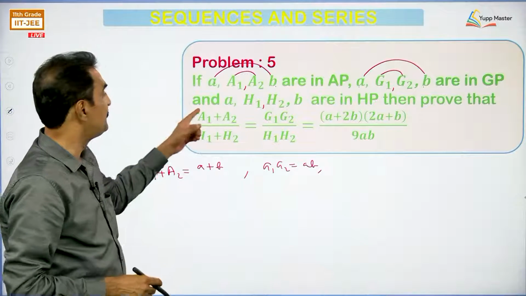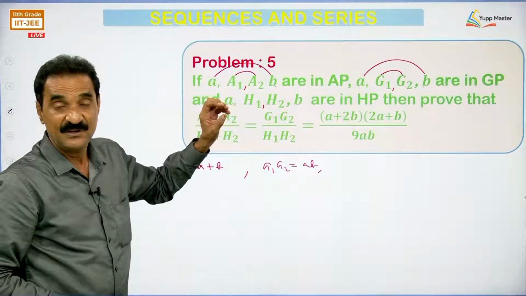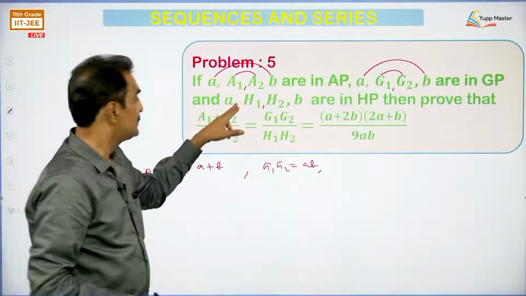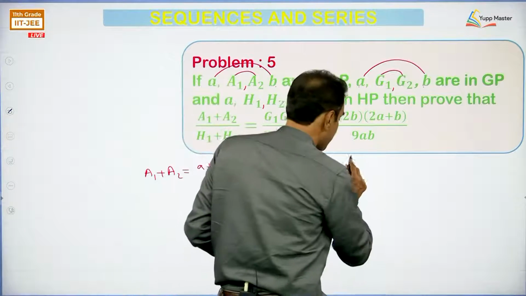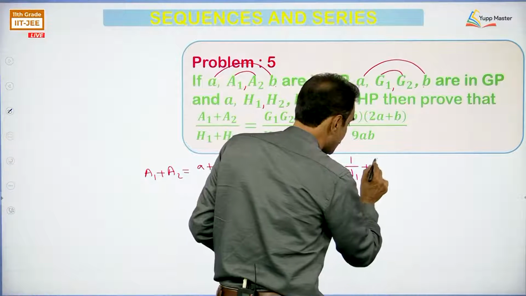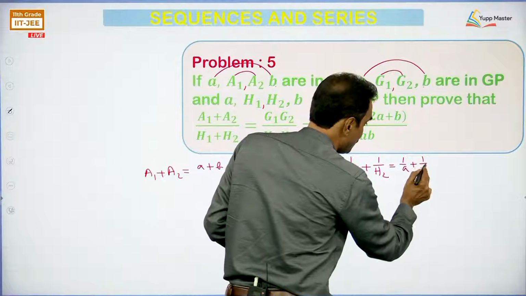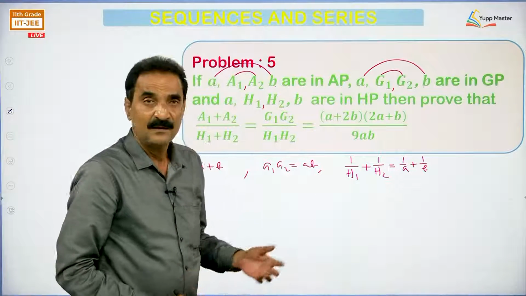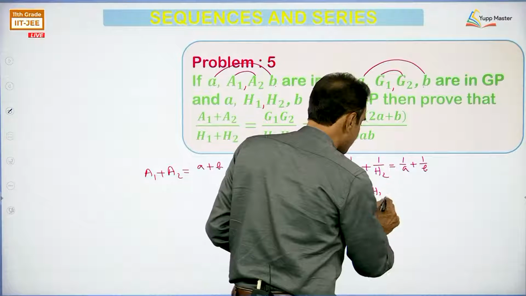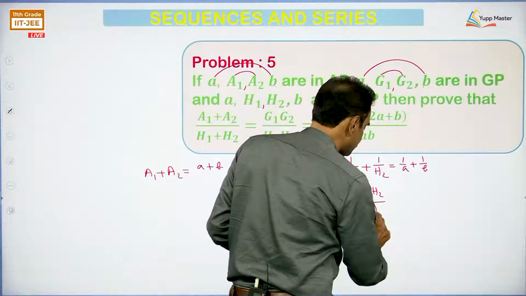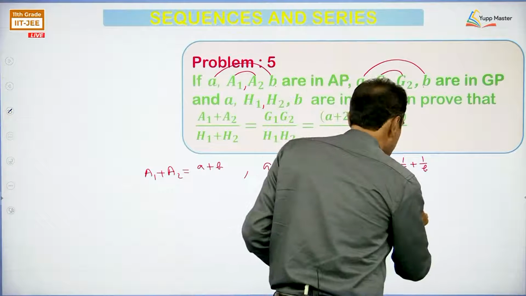What is the property of harmonic progression? The sum of the reciprocals equidistant from left and right will be the same. So 1 by H1 plus 1 by H2 will be equal to 1 by A plus 1 by B. Alright. Then this can be written as H1 plus H2 by H1 H2 is equal to, RHS is A plus B by AB.